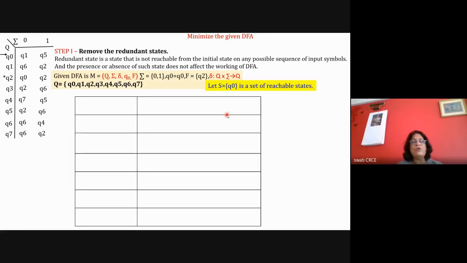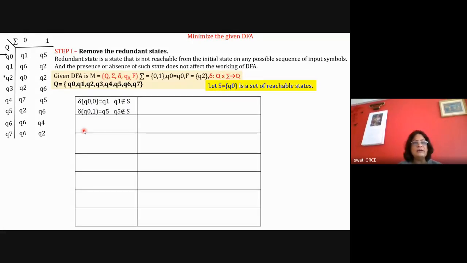So I'll say that I have a particular set S which contains the reachable states, and at the end I will have all the reachable states from Q0, and then the remaining states are non-reachable. The states which are not in this set will be non-reachable states. So my first assumption is that I have a set S containing reachable states, and I will go on adding states to this set S.